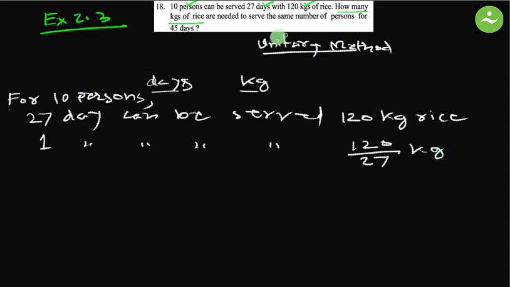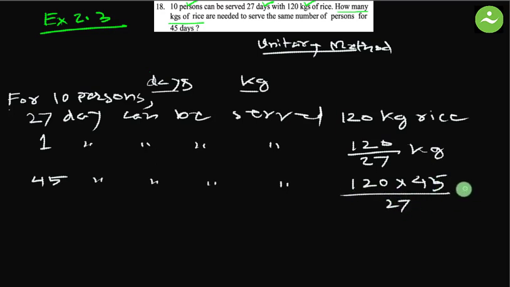And then we find out 45 days. 45 days can be served. The amount of rice will increase because we have to serve 10 persons for 45 days. So we multiply 120 multiply 45 divided by 27 kg.